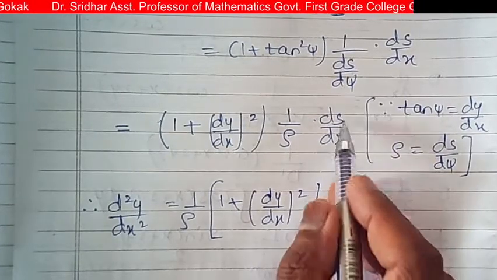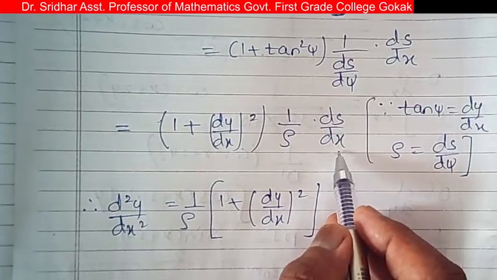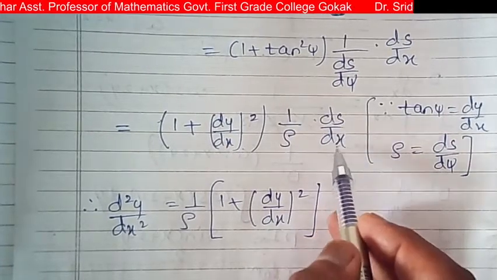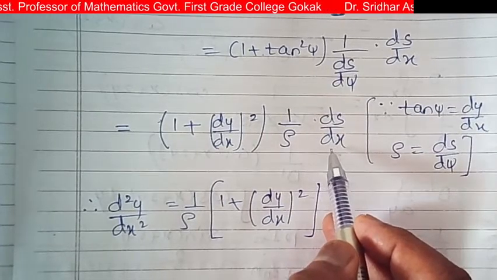Now this ds by dx is the derivative of arc length, which was also derived in the last classes.